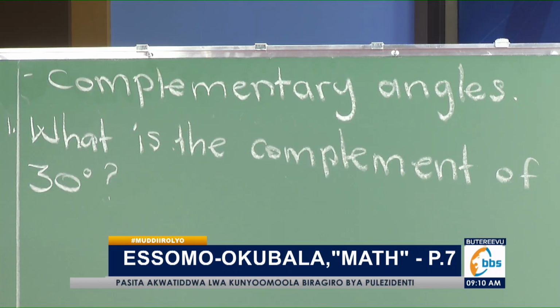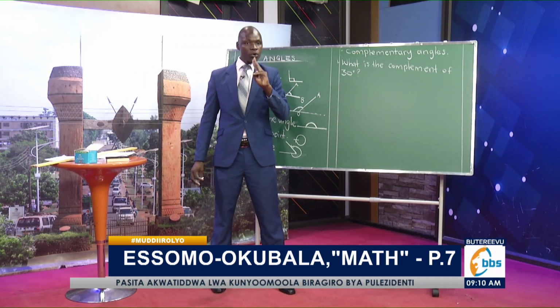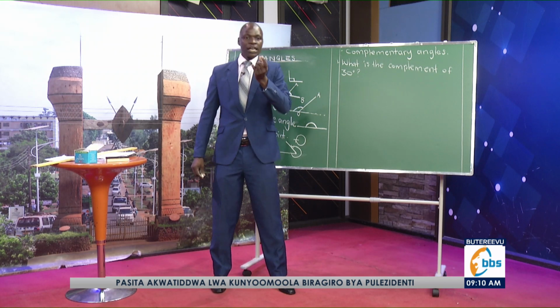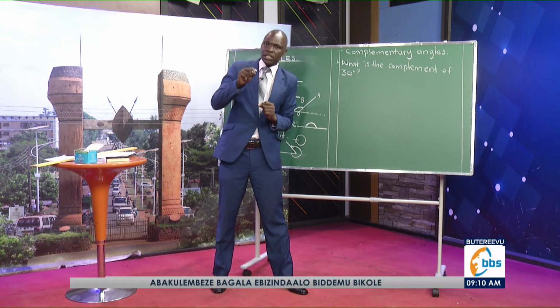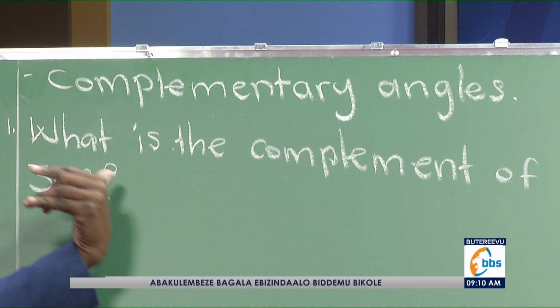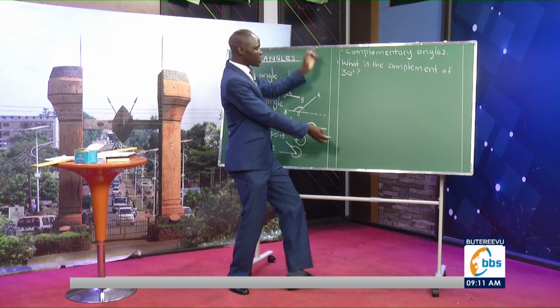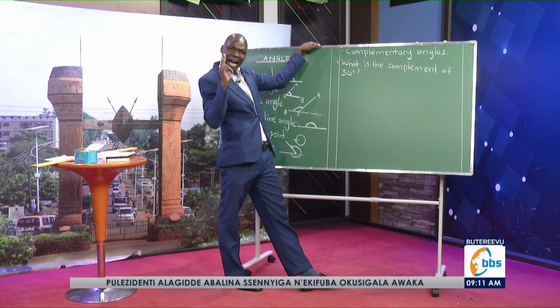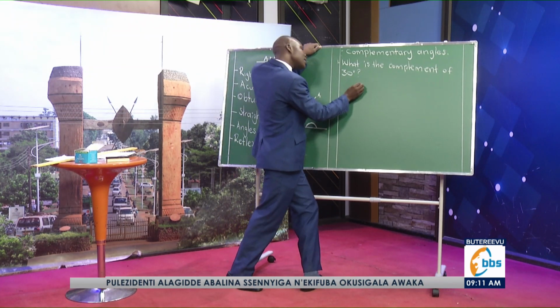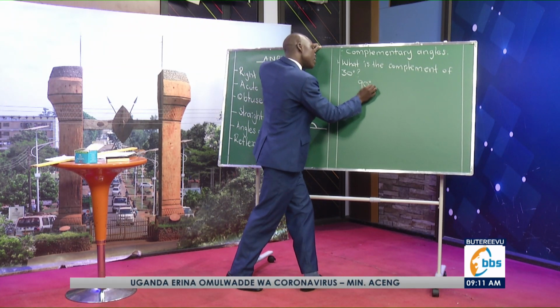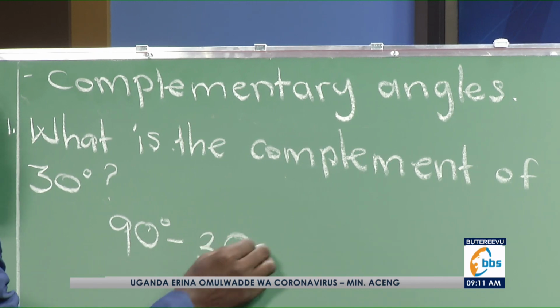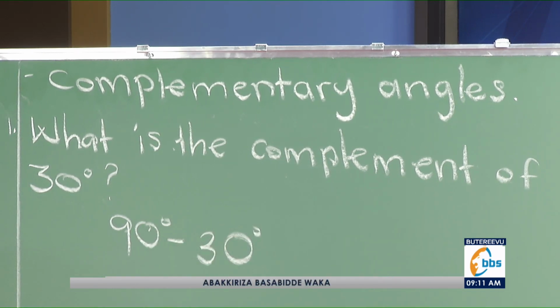Since there are two angles which add up to 90 degrees, each angle is a complement of the other. The complement of 30 degrees, through calculation, since two angles add up to 90 degrees, we get the 90 degrees and take away 30 degrees, the angle which is given.